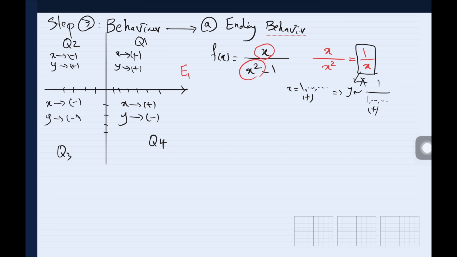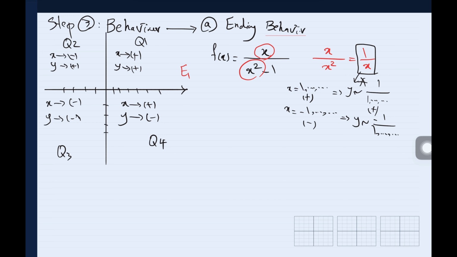And then now imagine if I have x equals negative 1 million, which is a negative number, and then how would y be? So then y is going to be almost 1 over 1 million, but negative 1 over 1 million. So then I have a negative and negative.